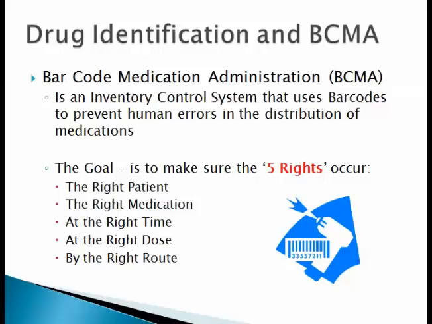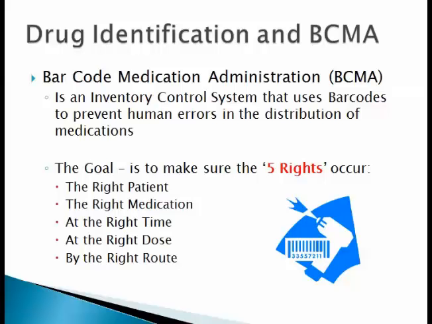The next topic I want to talk about is drug identification and barcode medication administration. Medication errors are a major problem in any hospital or healthcare setting. So this is taken very seriously. It's very important to reduce these types of errors. So barcode medication administration, also known as BCMA, is an inventory control system that uses barcodes to prevent human errors in the distribution of medications.